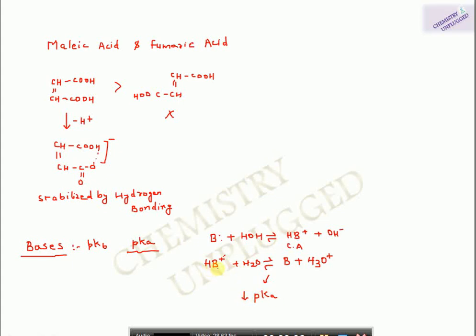And if the value of pKa is high, then the conjugate acid will be less acidic, or its acidic strength will be low and the base will be a strong base. So for bases, the value of pKa should be high for more basic strength.